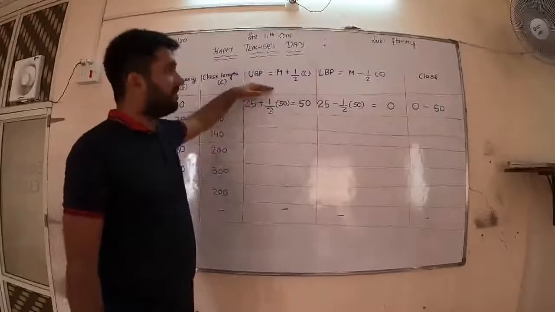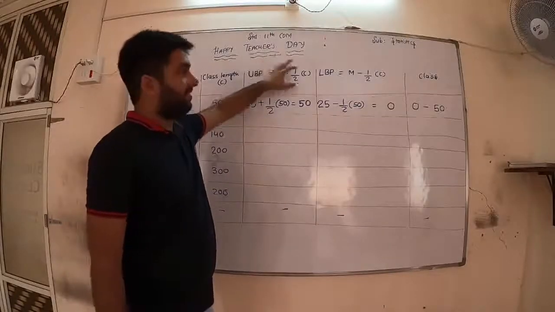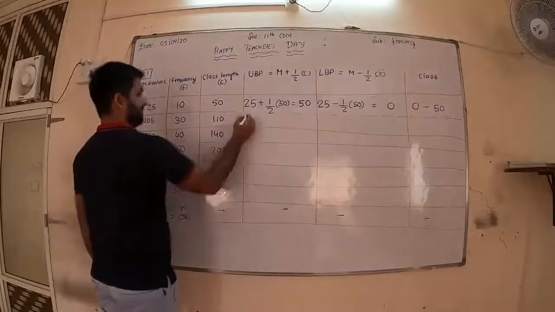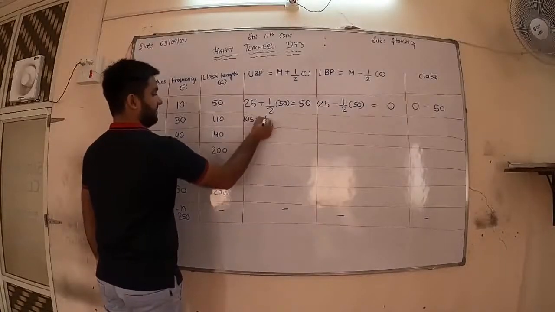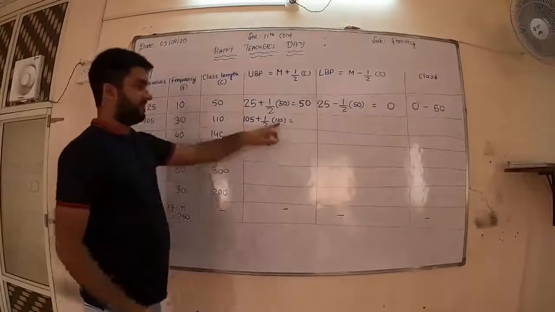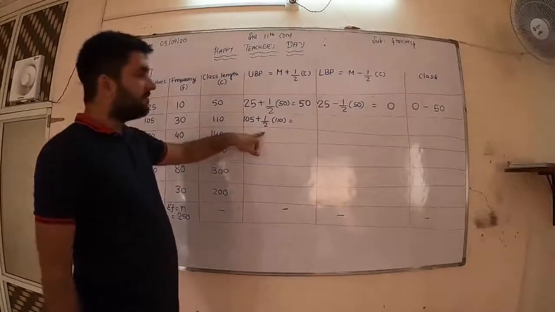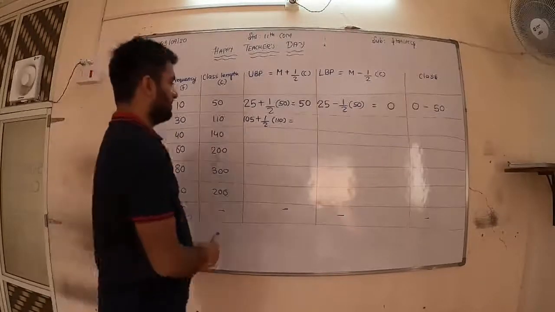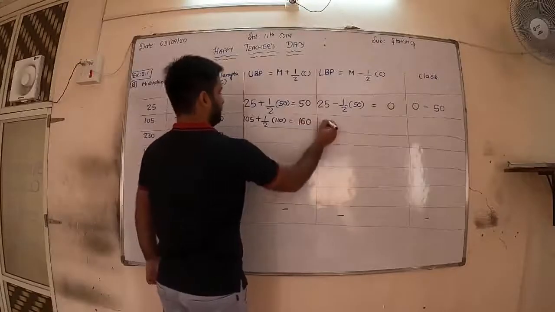Why am I writing the upper boundary point first? Because it has plus. If you first subtract, then sometimes you will get confused. Okay, next. 105 plus 1 by 2 into 110. First always take this 110 divided by 2, which is 55. 55 plus 105 is 160.